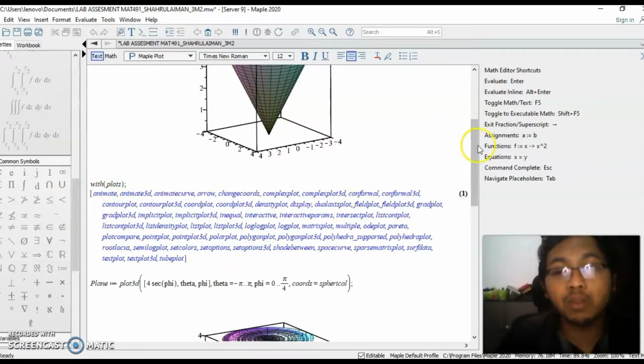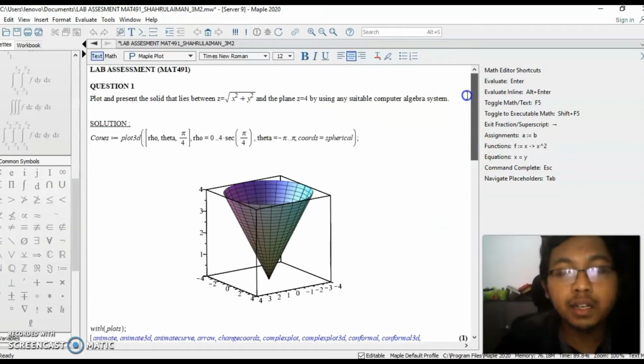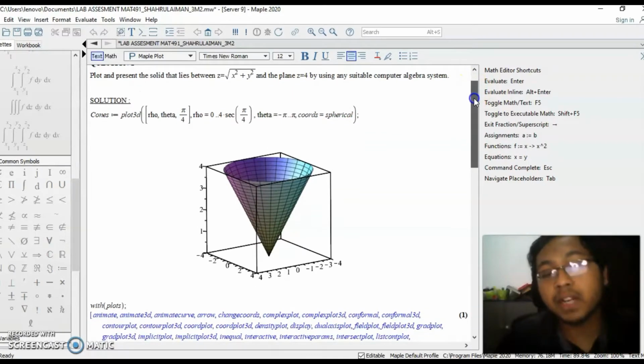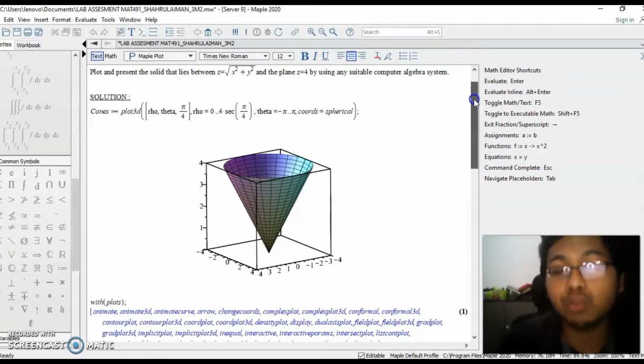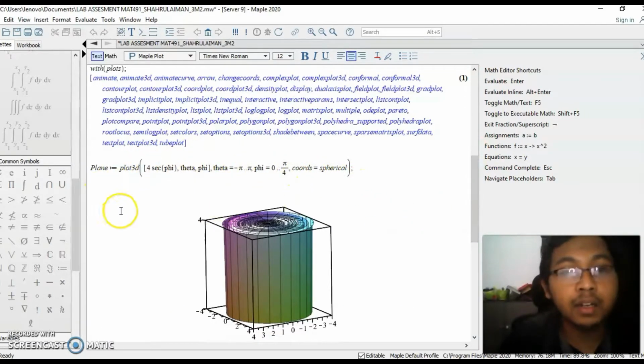Next, I will use plots. Why? It is because I want to combine the first command, for z equal to the square root of x squared plus y squared, with the command for the plane z equal to 4. So this is the second command for the plane z equal to 4, with plot3d like earlier. This is still the general coordinate that I mentioned earlier, rho, theta, and phi. But here for rho, I substitute 4 secant phi.